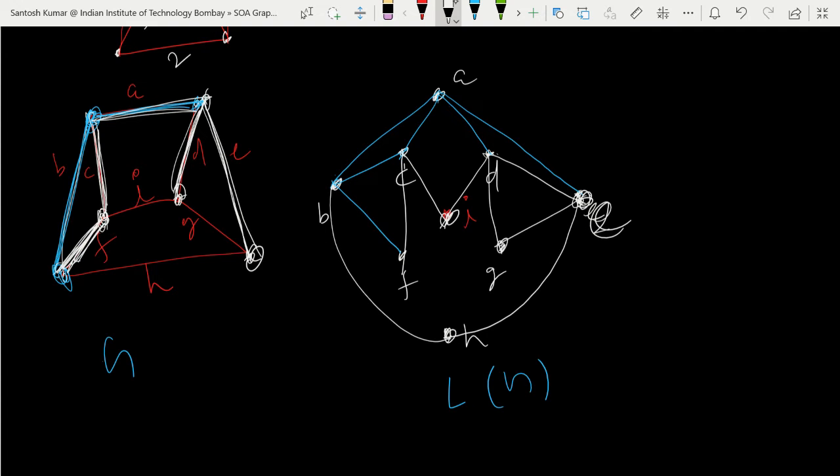I'm talking about F. Now come to G. G is sharing vertices with D, E, I, H. So D, E, I, H: I, H, and D, E already joined.